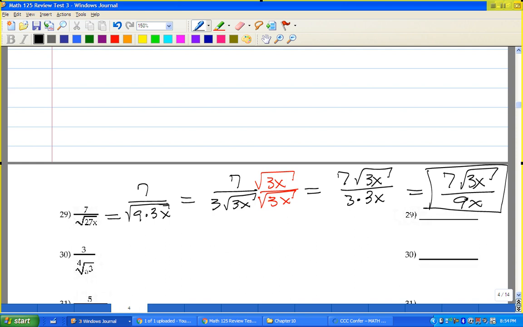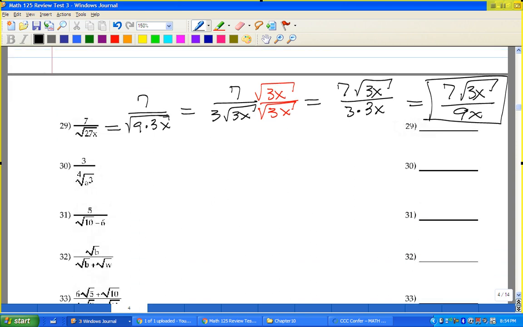Let me do problem number 30. So this is equal to, well, I want to rationalize the denominator. I already have 3 a's in the denominator, so I need one additional a in the denominator.